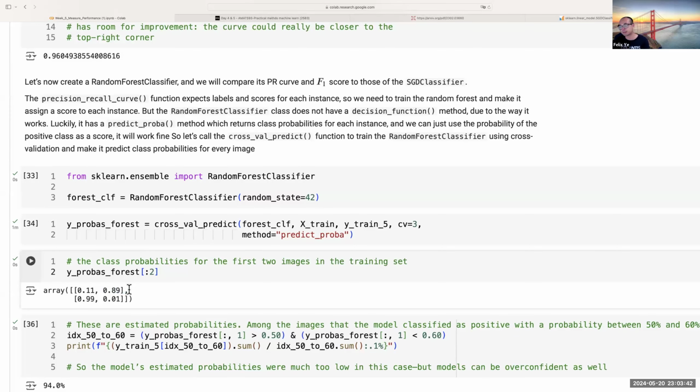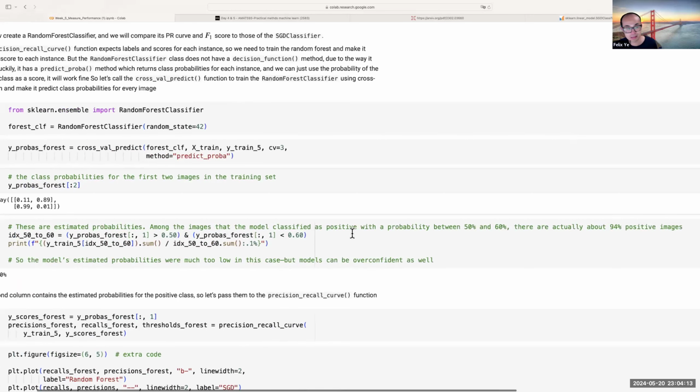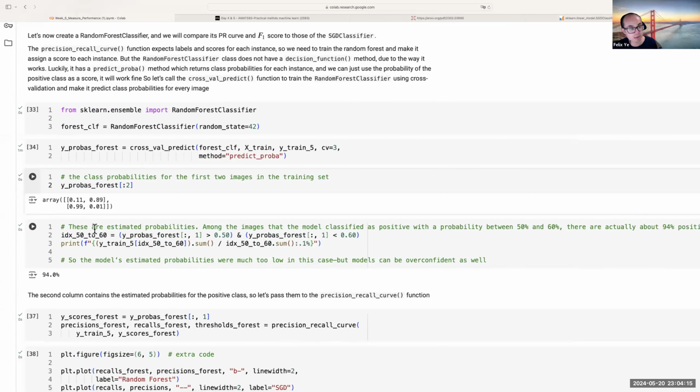And then there are a lot of things that are not that clear here. You will find that among the images the model classified as ones with a probability between 50% and 60%, these are actually 95.4% of the positive images. So what that means is, if we just take the probability between 0.5 and 0.6 right here, that actually covers about 94% of the positive images.